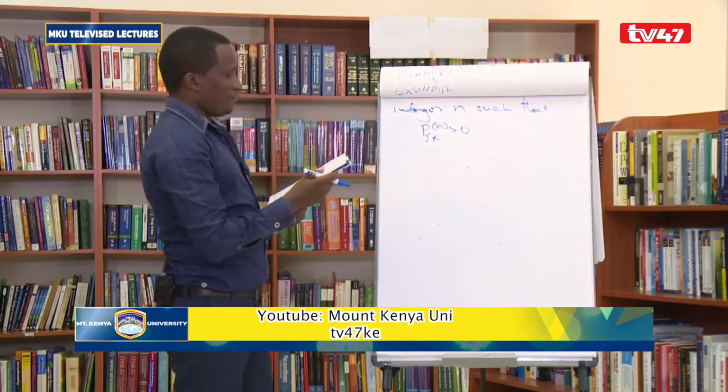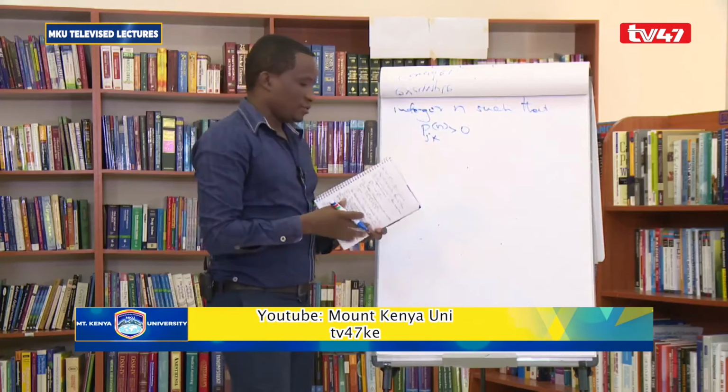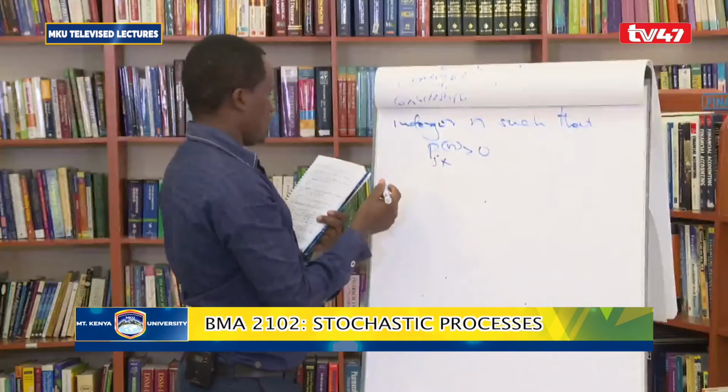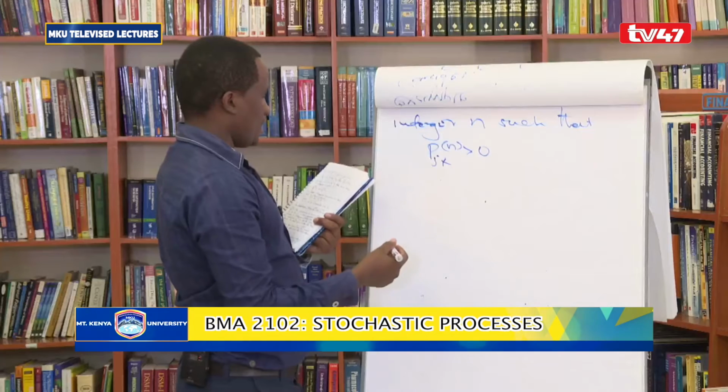So if it's greater than 0, then it implies that you can reach state k from state j. If it's 0, it means you can't reach.